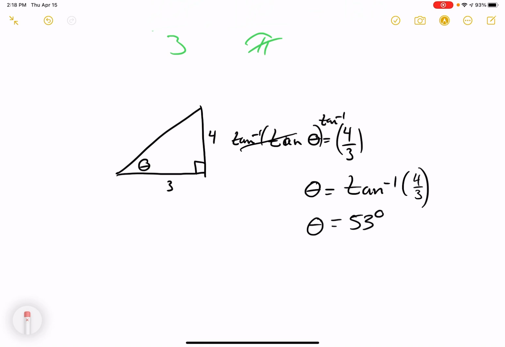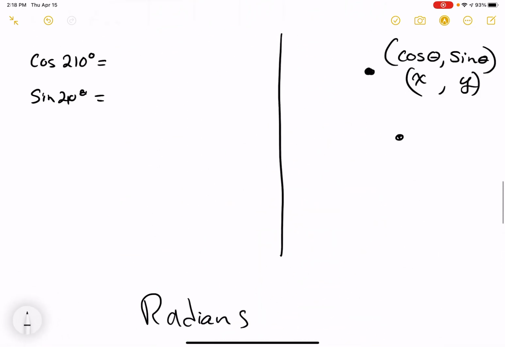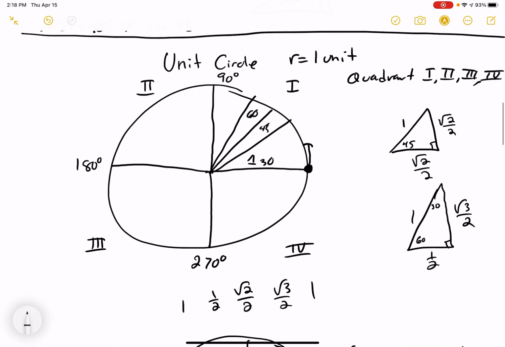If you're using a phone or an old school scientific calculator, you'll do the 4/3 first, press enter, and then do the second tangent, and then that will give you the inverse tangent. Okay? Questions on that?